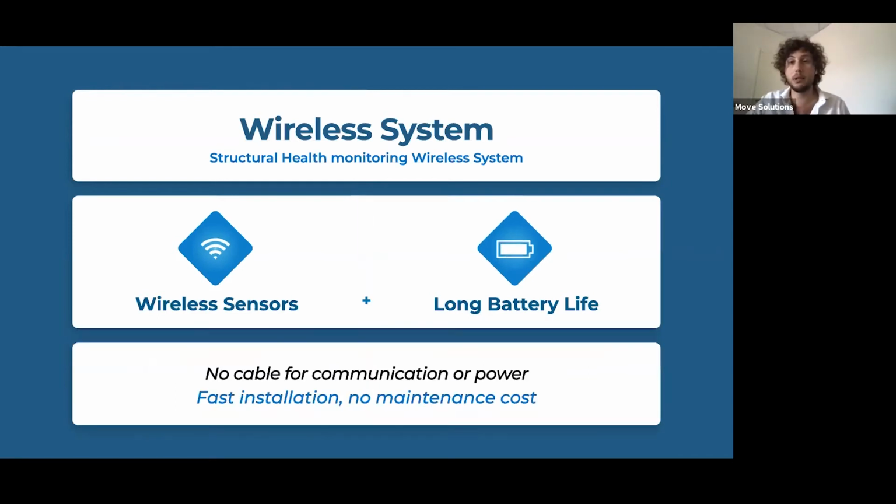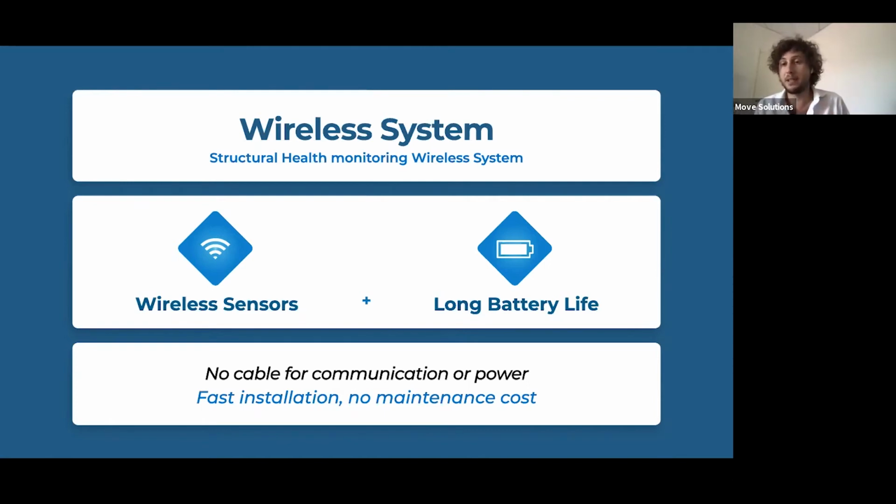And this enables a fast installation. You can install the product in 2 minutes, really. And we say with no maintenance cost. That is true, but I would say more really low maintenance cost. They always say maintenance cost because you might need to change the battery in the future.